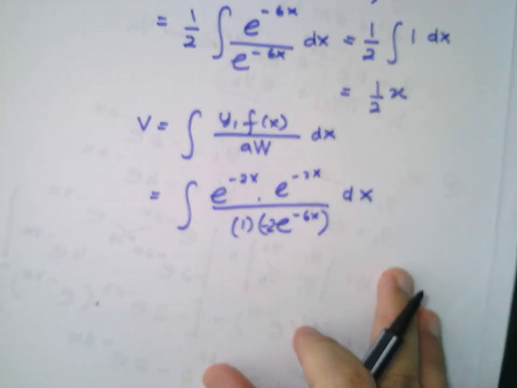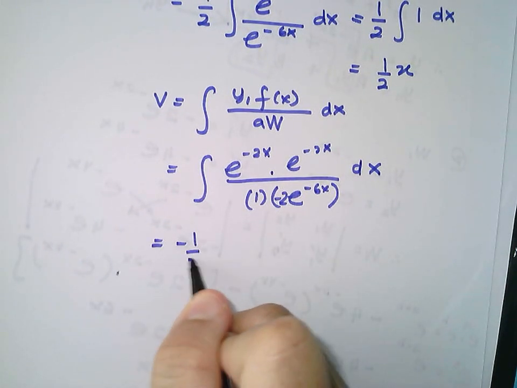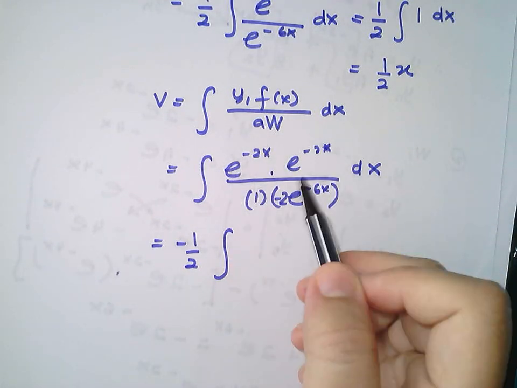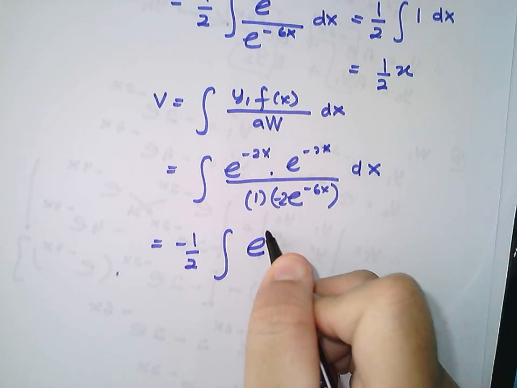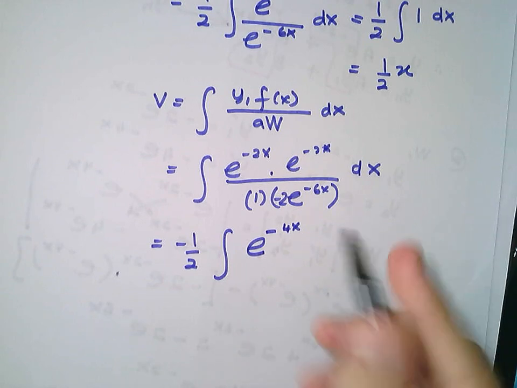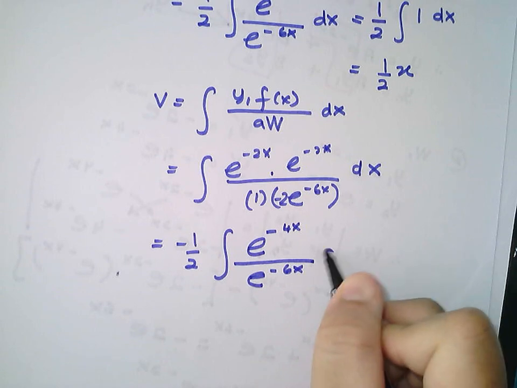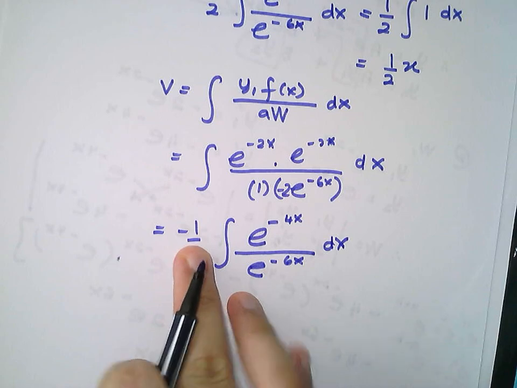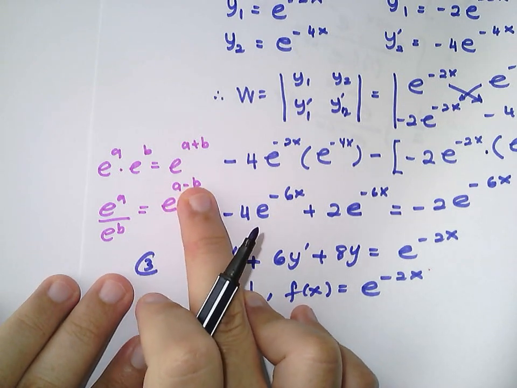Again here, factorize the constant, so you will have negative 1 over 2. Integrate, so simplify the function, the numerator first. Negative 2 will give you exponent negative 4x over exponent negative 6x dx. How to simplify this before you can integrate? Remember I told you when you have a division of the exponential, you will have exponent a minus b.